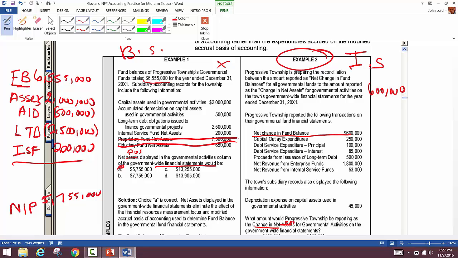Okay, so assuming it's not 1850, under full accrual accounting, we should be capitalizing assets, not expensing them, right? But under modified accrual, we expense them, right? So those amounts that we spent for the period, we need to add those back, don't we, to get to our correct net income? Think about it.